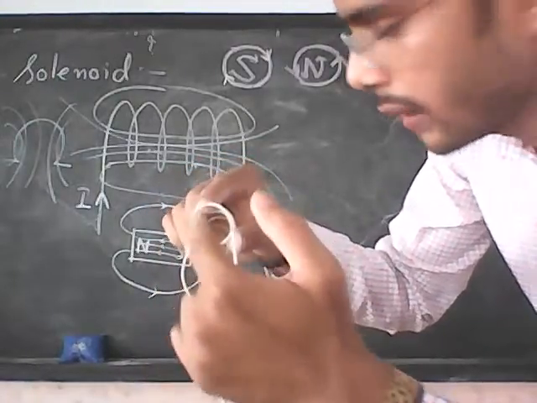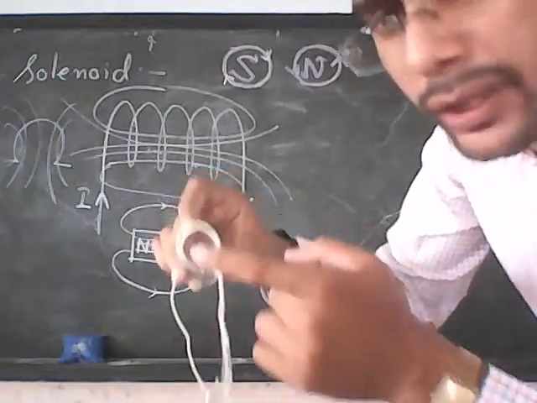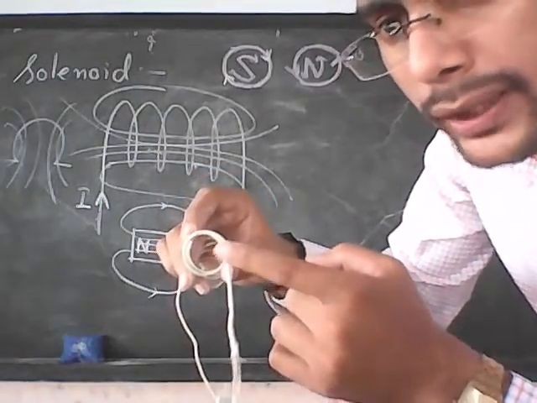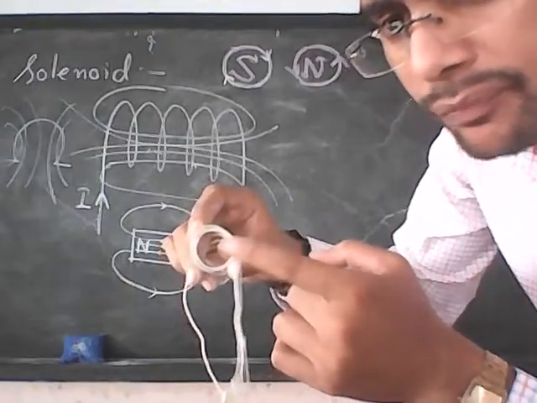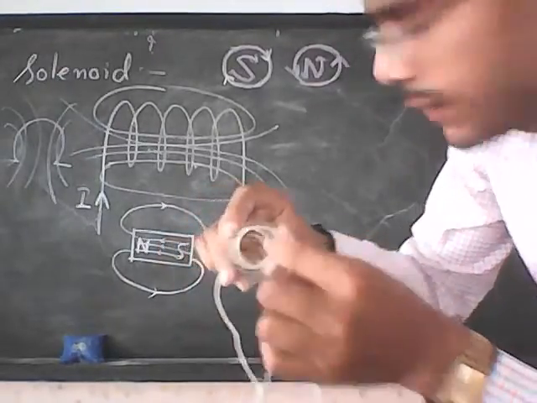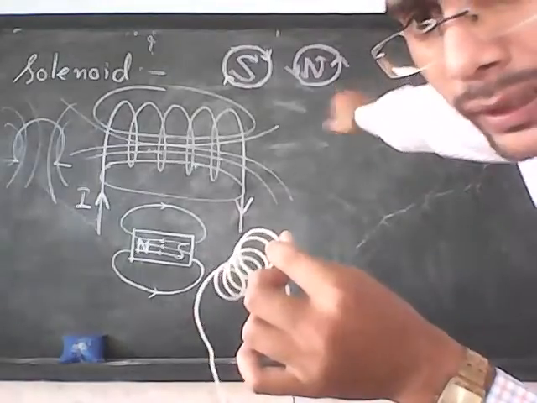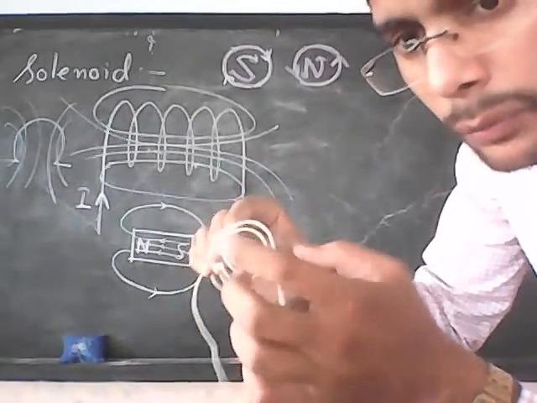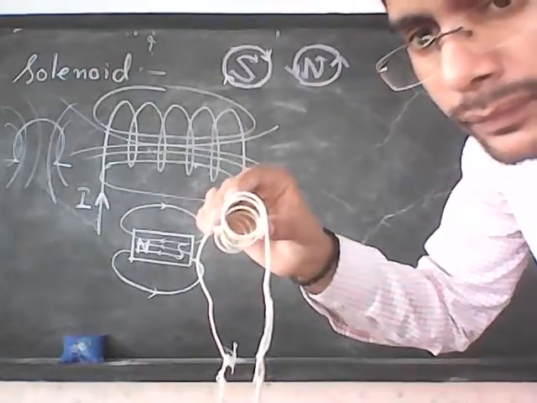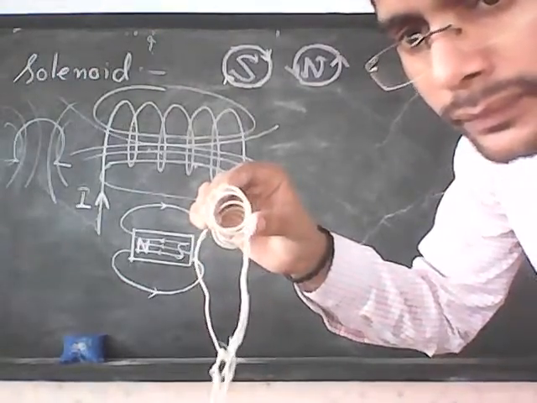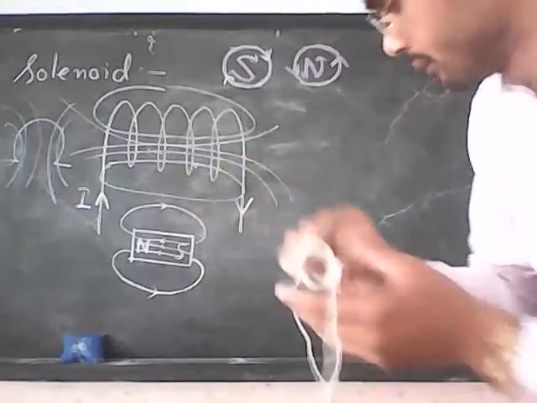Right? So if it is anti-clockwise, which pole does it indicate? See the board and tell me fast. Anti-clockwise means which pole is it representing? Very good, North Pole.